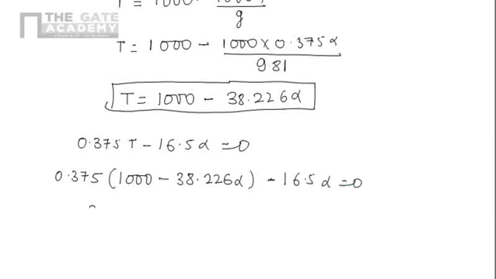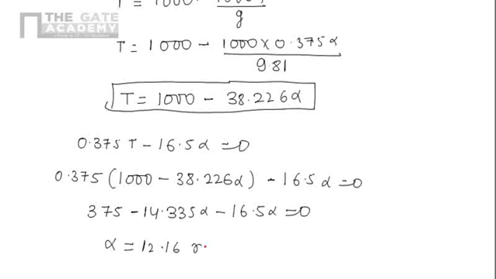If we further simplify it, we will get 375 minus 14.335 alpha minus 16.5 alpha equals 0, and in this way we get alpha equals 12.16 radian per second squared.